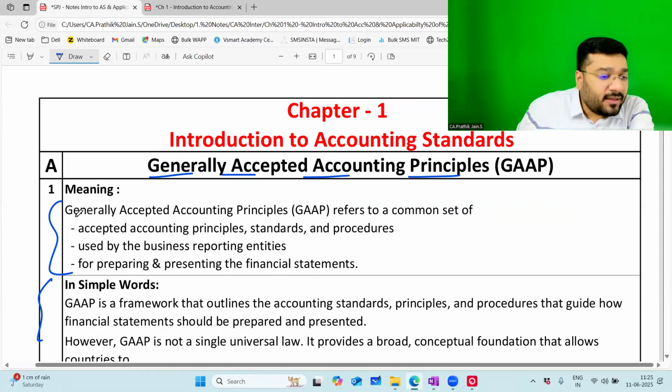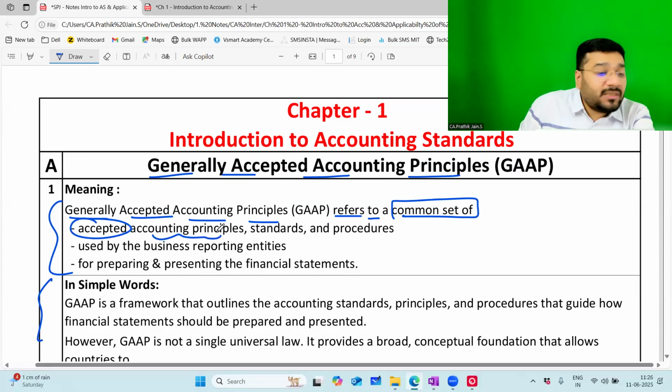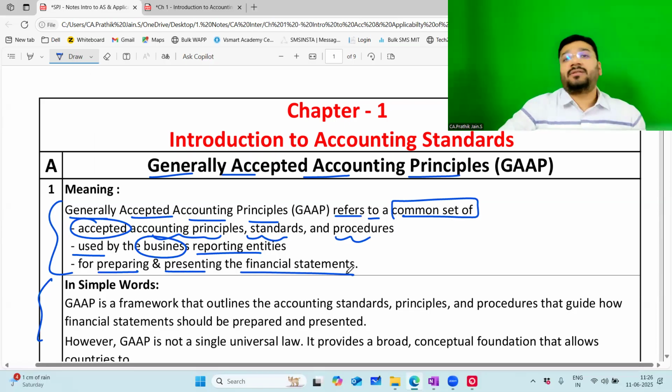It says that Generally Accepted Accounting Principles refers to a common set of accepted accounting principles, accounting standards, accounting procedures used by the business enterprise for reporting their transactions while preparing and presenting the financial statements.